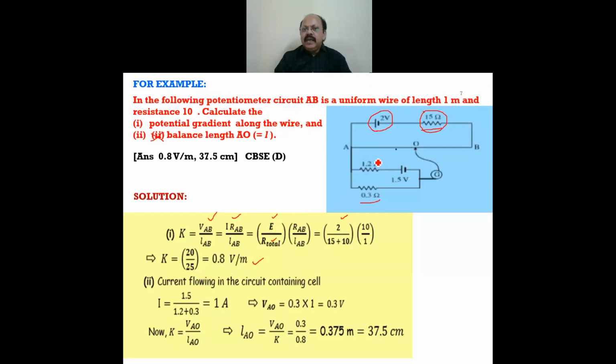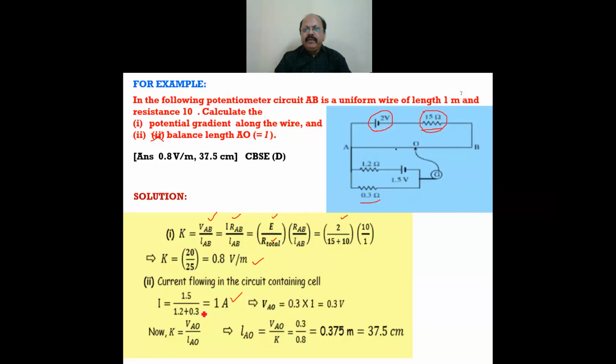This is internal resistance, this is external resistance, both are connected in series. So I equal to 1.5 upon 1.2 plus 0.3. So what you are getting, the current is 1 ampere.